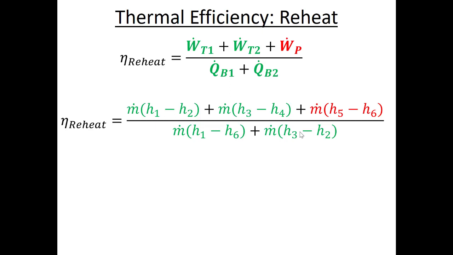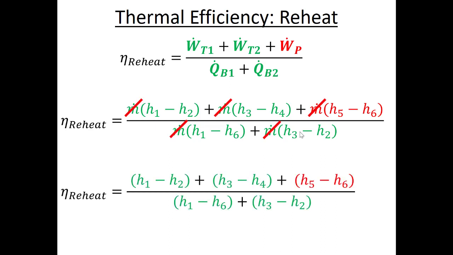Obviously, it matters for what the net power is, but in terms of the thermal efficiency, it doesn't matter because m dot is a factor in all the terms in the numerator and all the terms in the denominator. So we can cross all of these m dots out, and I'm left with a function that tells me the thermal efficiency as a function of all the enthalpies, H1, H2, H3, H4, H5, and H6.